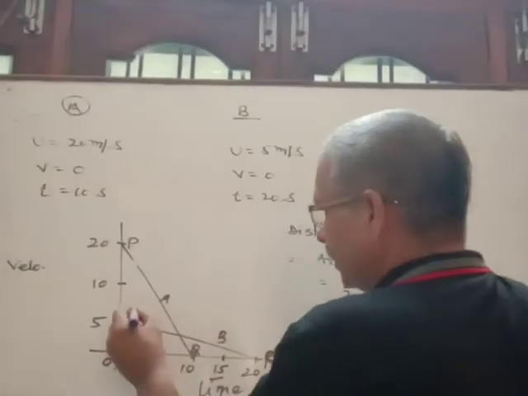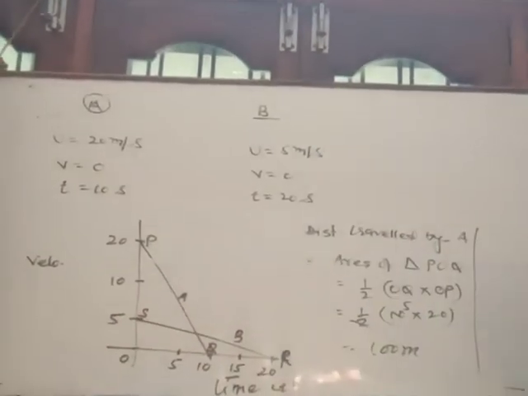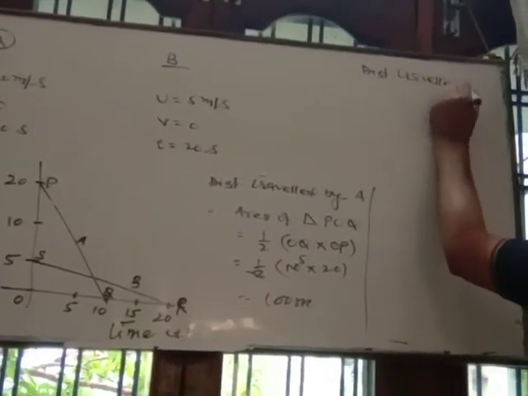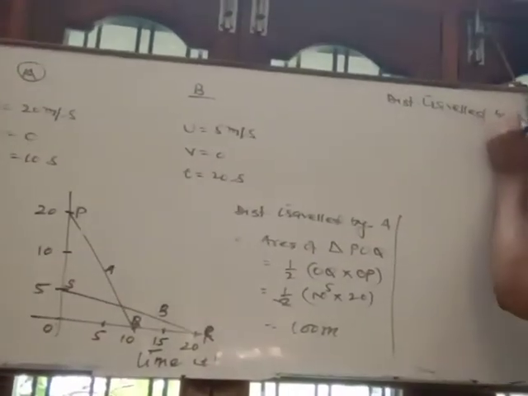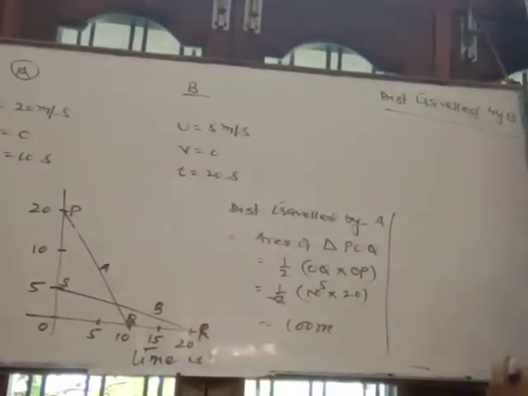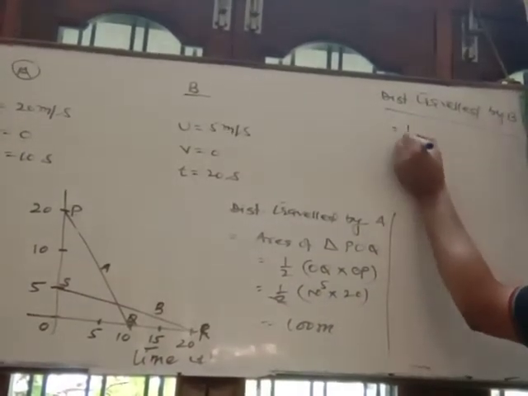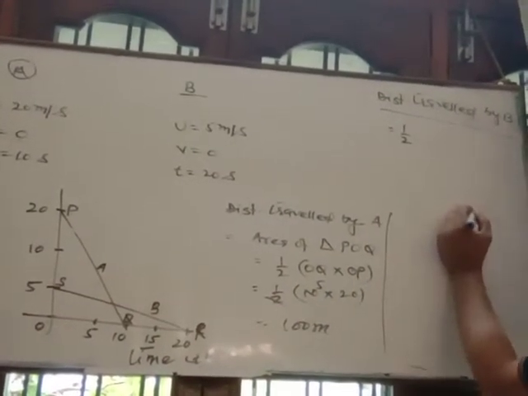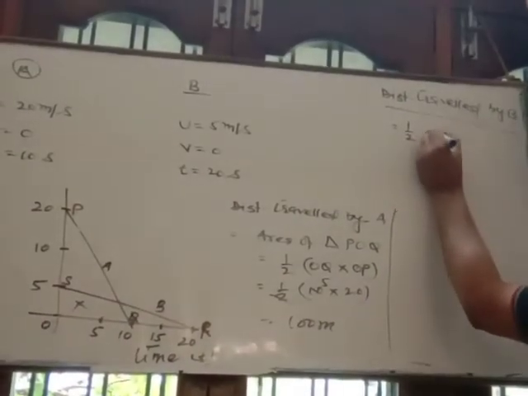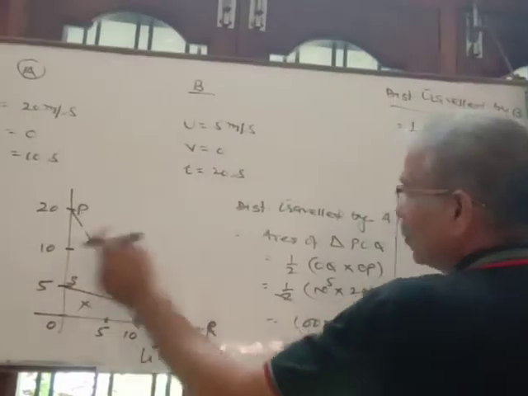Suppose on OP, let this point be S. Distance traveled by B is equal to area enclosed by second graph B. It is equal to 1 by 2 base, which is OR, into height, which is OS.